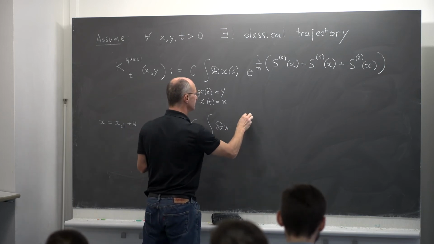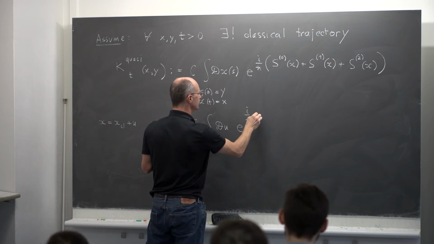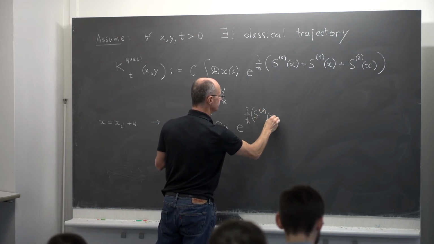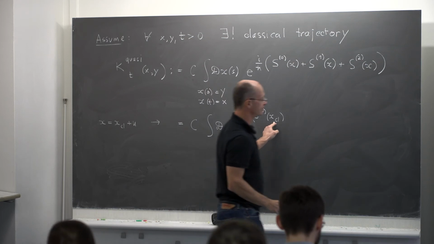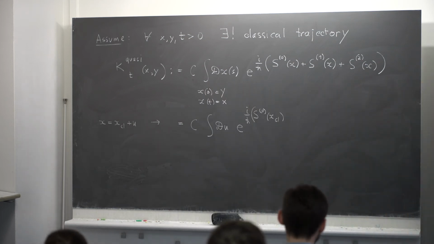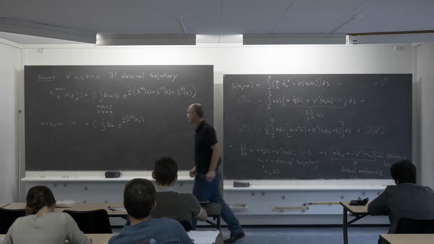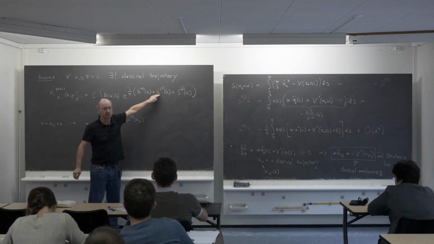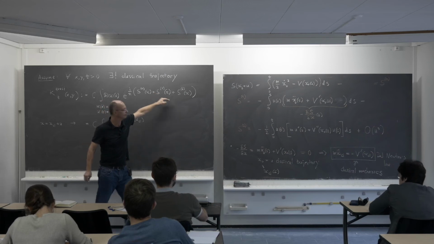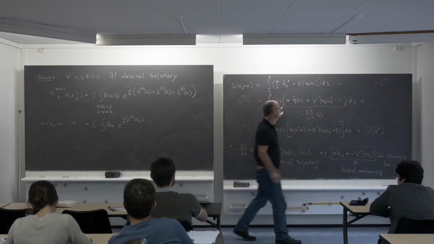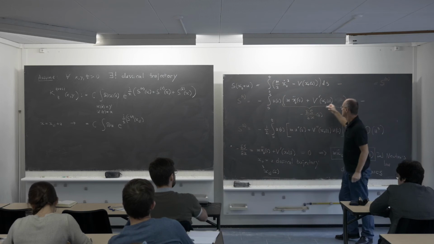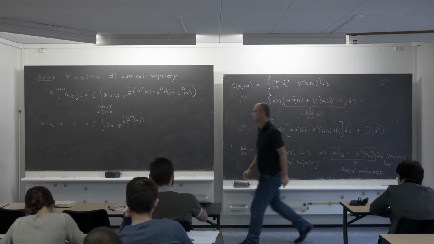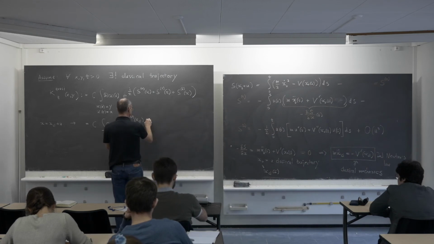And here there will be S0 of x classical, right? Because it's only x naught which enters S0. Now, if I substitute x classical, S1 will be vanishing, right? So actually, x classical is exactly the solution of the equation that this expression is 0, right?